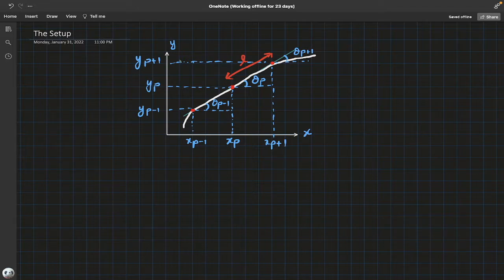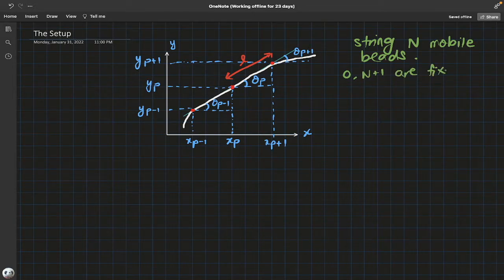We have our axes x and y, and we have some string, let's say with n mobile beads on it, which means the 0th bead and the n plus first bead are basically the fixed endpoints, and we're going to impose those boundary conditions a little later.